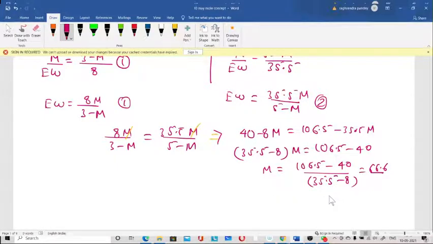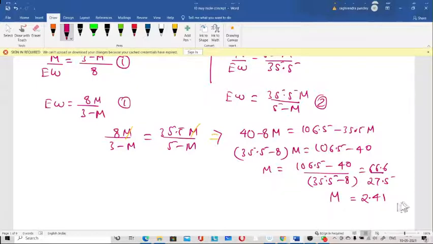And 35.5 minus 8, so approximately that will become 27.5. So what is the exact answer? 2.41. So that is your metal m.